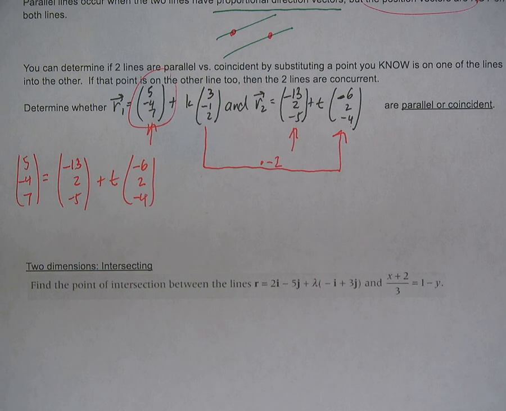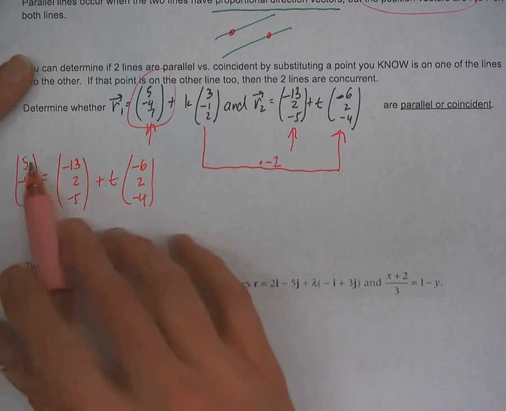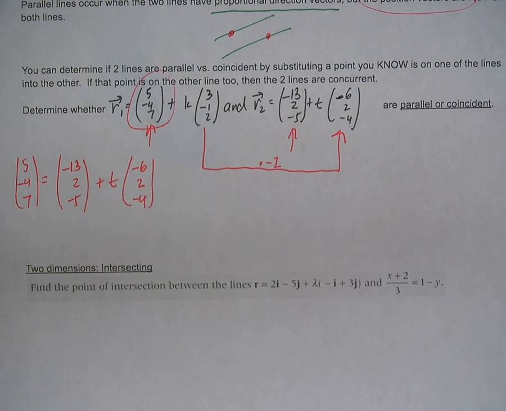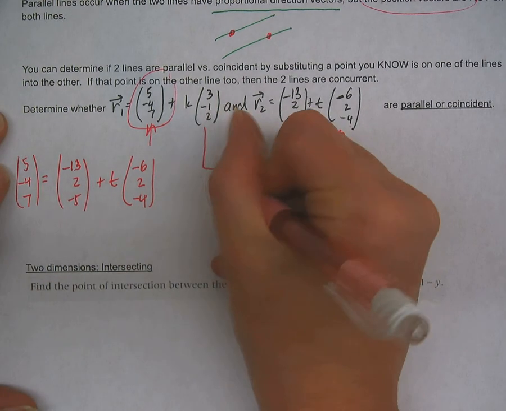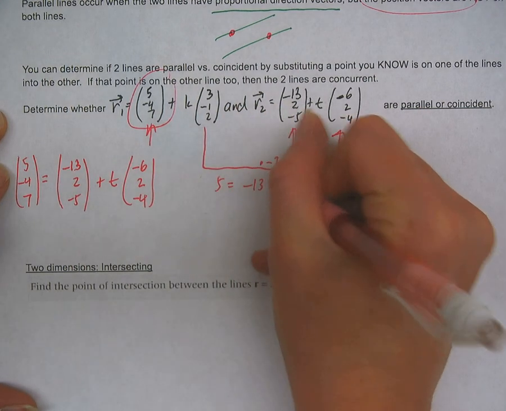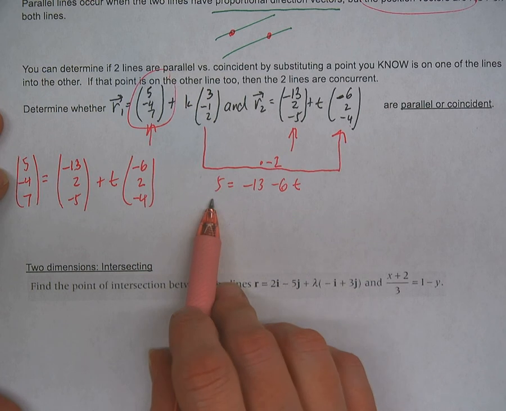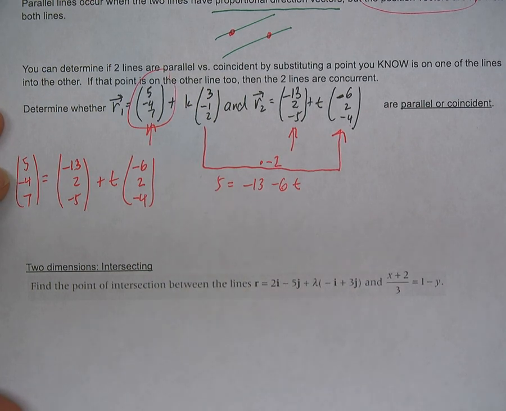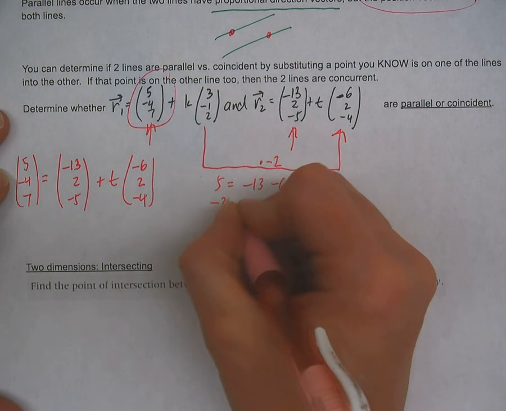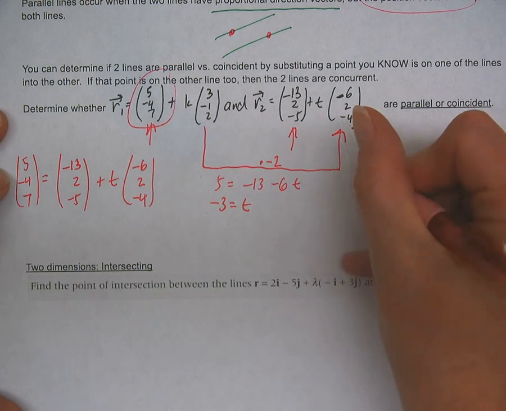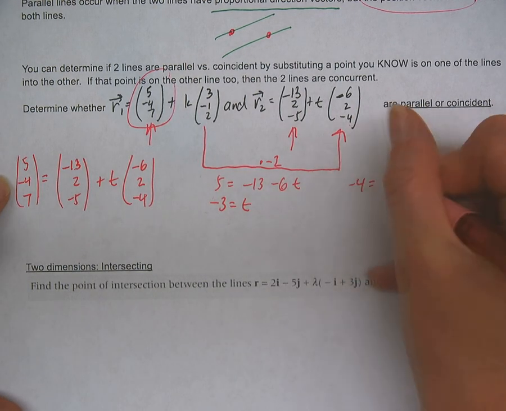And if t is a consistent value for our x, y, and z components, then that means that they would be coincident. So, for example, if I solve the parametric x equation for t, I'd add 13 and divide by negative 6, so I would get negative 3.